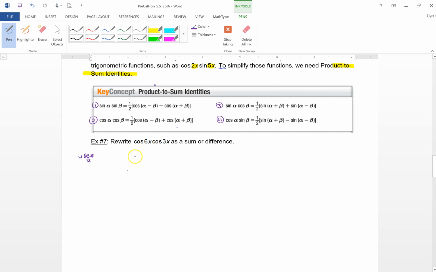So it'll be half, in brackets, cosine of alpha minus beta, so 6x minus 3x, cosine of alpha plus beta, 6x plus 3x. So this will be half cosine 3x, cosine 9x. Oh, where's the plus?